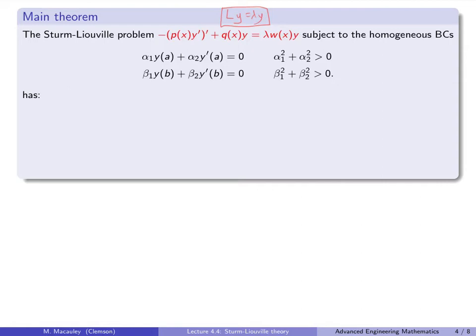This has the following properties. First of all, it has infinitely many eigenvalues, and moreover, these eigenvalues can be arranged in increasing order so they diverge to infinity. In other words, they're unbounded. They don't converge to some limit or oscillate back and forth.